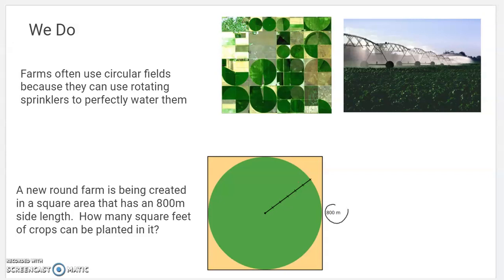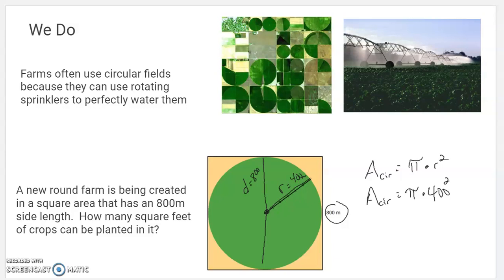So we'll notice here, thanks to this 800, the diameter of the circle is 800 meters, which means the radius of the circle would be half that, or 400 meters. And now we can just use that formula to figure that out. It's pi times the radius squared. So that means for me, the area of the circle is pi times the radius, 400 to the second power.